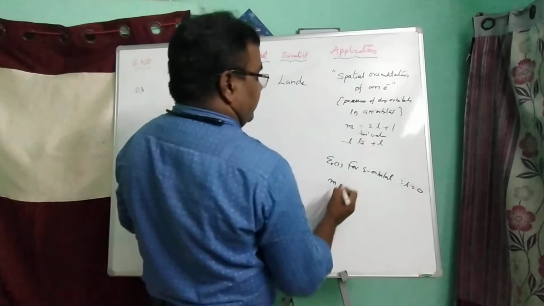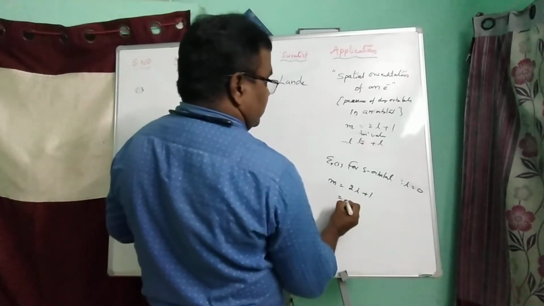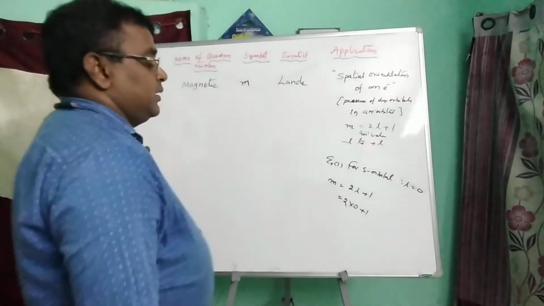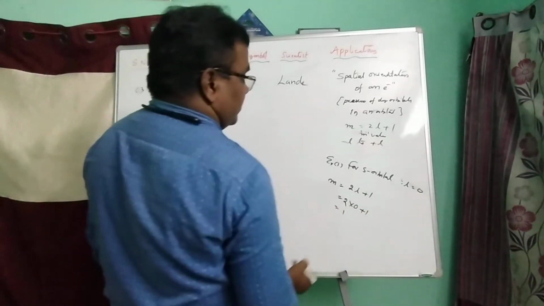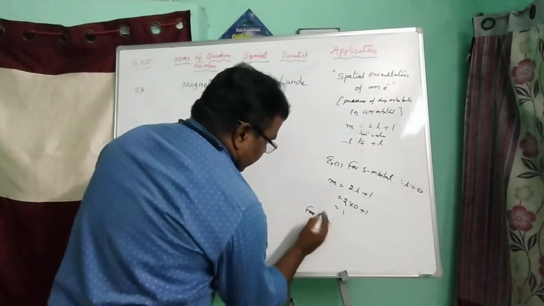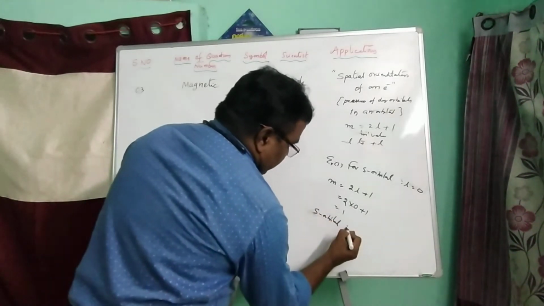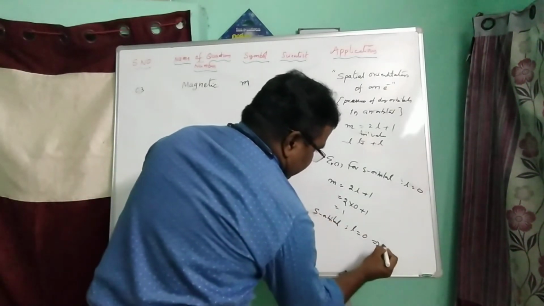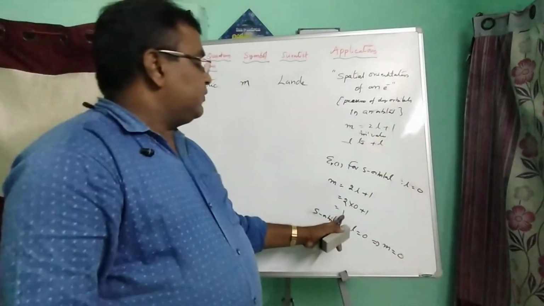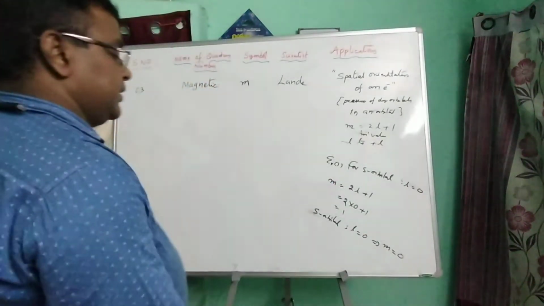Therefore, m is equal to 2L plus 1, that is equal to 1. So m is equal to 1. For s orbital, L is equal to 0, which implies m is equal to 0. That means there is only 1 m value, that is the main orbital. So in s orbital there are no suborbitals.